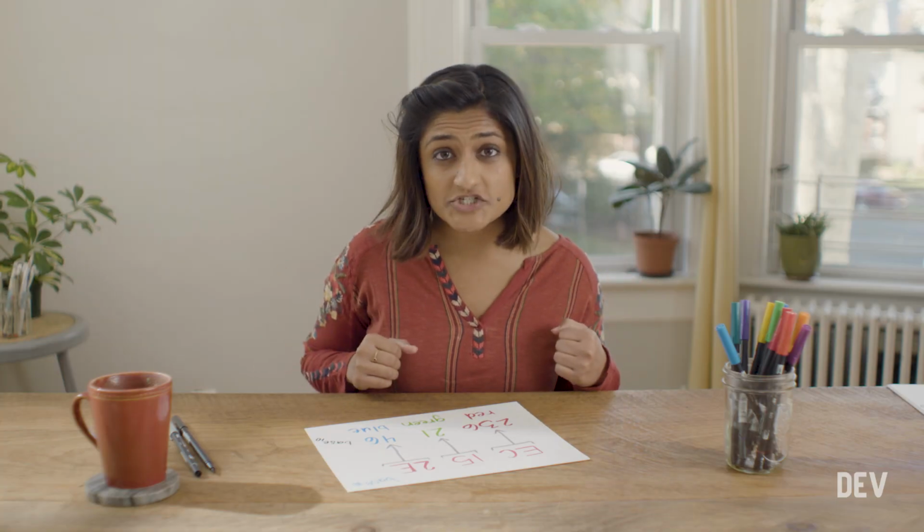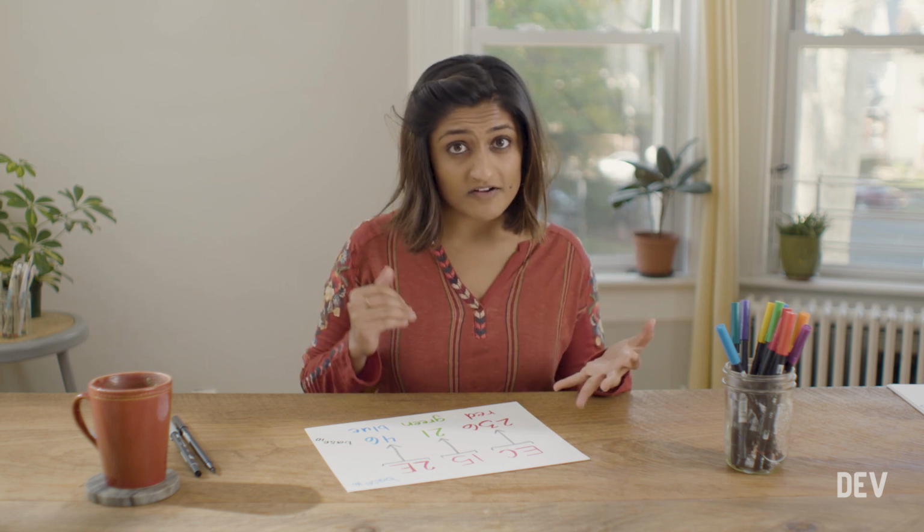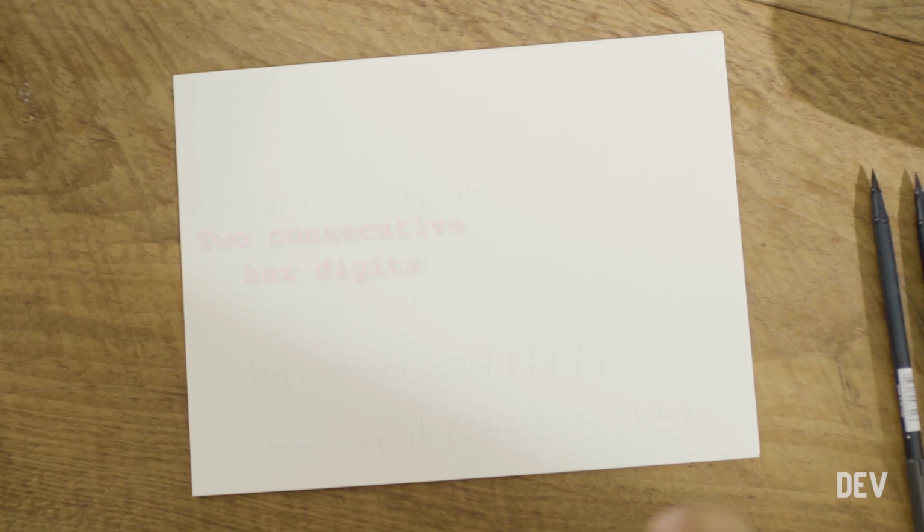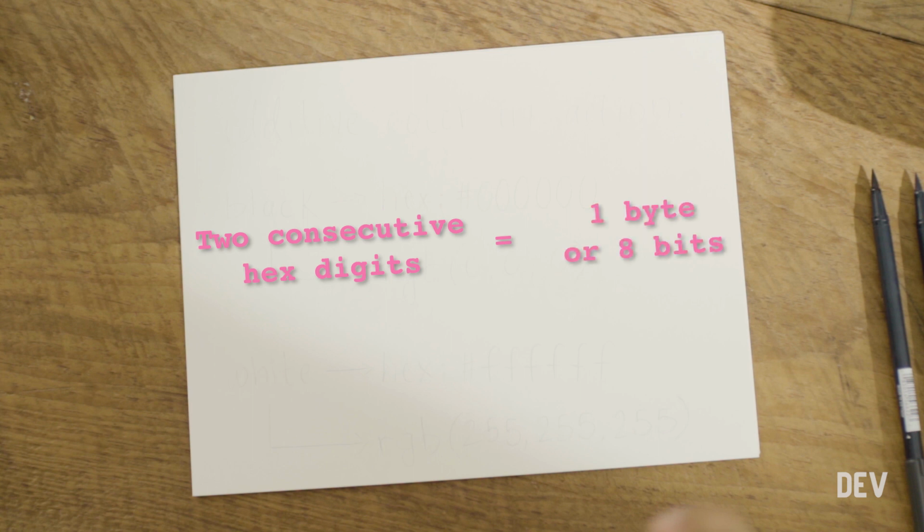Another interesting connection between the hex model and the RGB model is how much space they both take up. We'll remember that 2 consecutive hex digits is the same as 1 byte of information. 2 hex digits is equivalent to 8 bits.